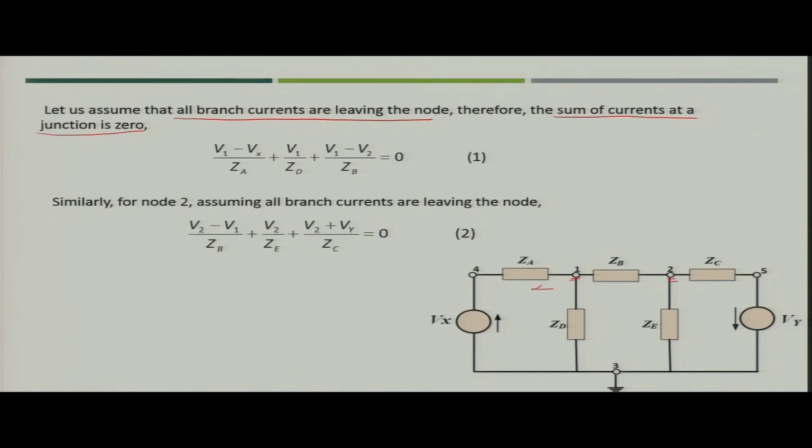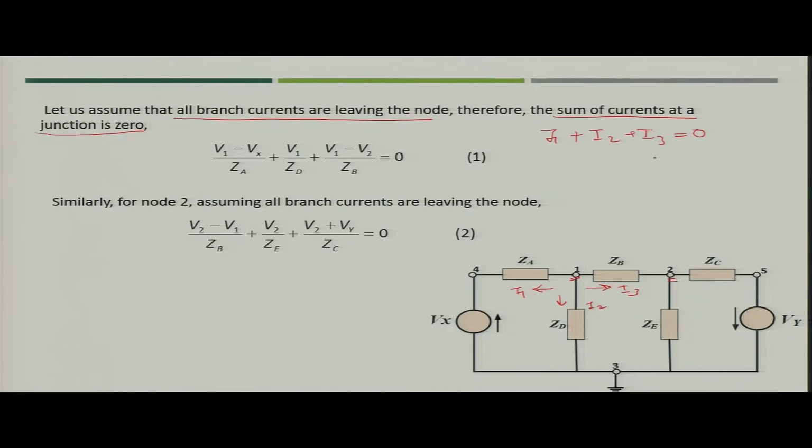You can see these are the 3 currents, I1, I2 and I3. So, I1 plus I2 plus I3 would be equal to 0.